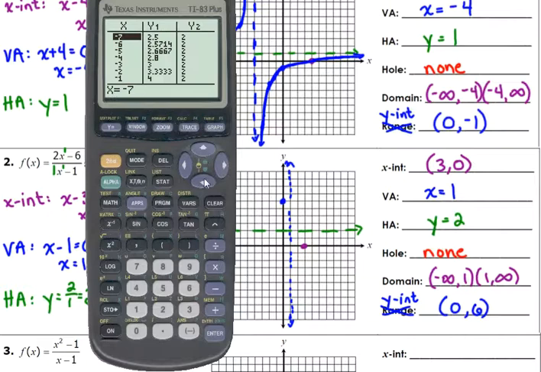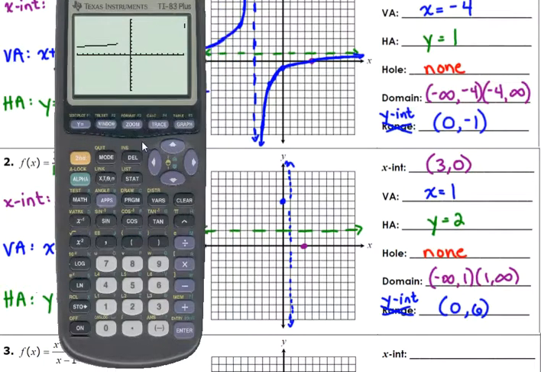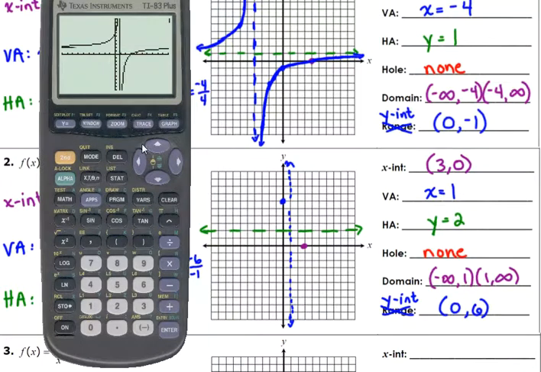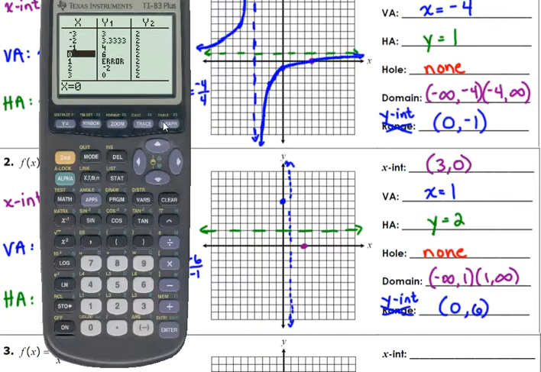First, I'm going to go to my table and check what I've got so far. (3, 0), okay, that checks out. At 1, I have an error. Y-intercept (0, 6), so I'm good there. Now I'm going to look at the graph. I didn't get any extra points, but let me get some extra points for my table here.